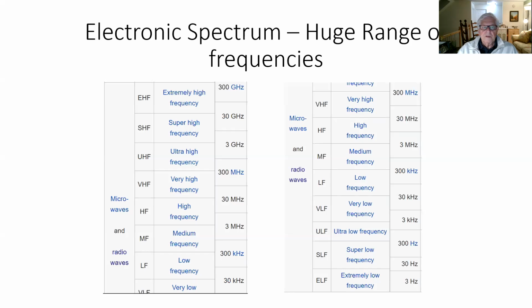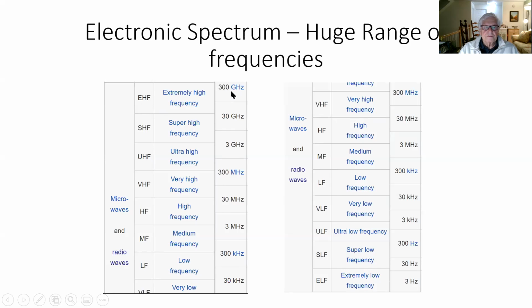Why do we do that? Well, here's your range of frequencies. We have a huge range of frequency. Extremely high frequencies are those above 300 gigahertz.